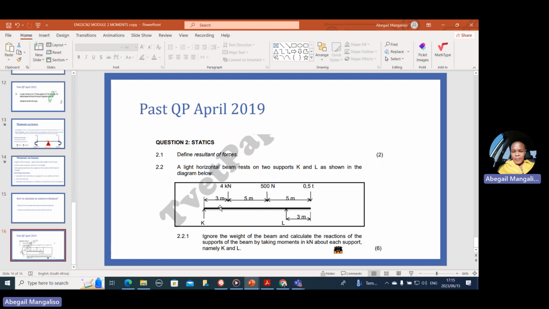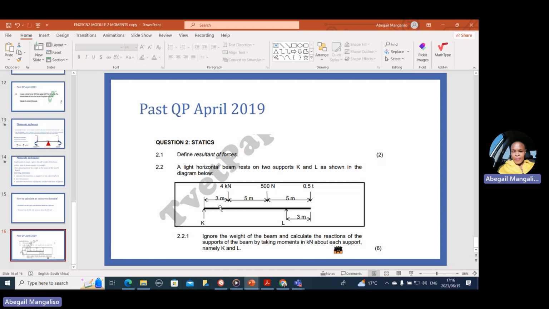So a beam is like this. The first support on the left-hand side, the distance is 3 meters, and this is 4 kilonewtons, this downward force or concentrated load. And there is this distance of 5 meters.